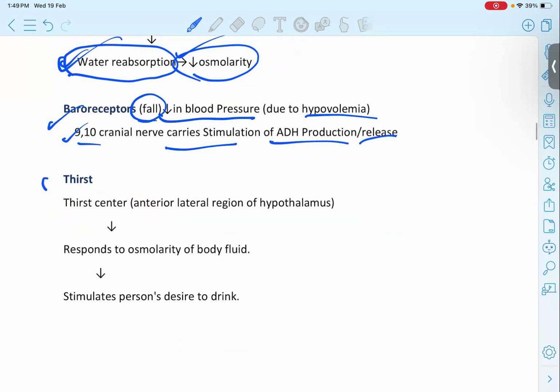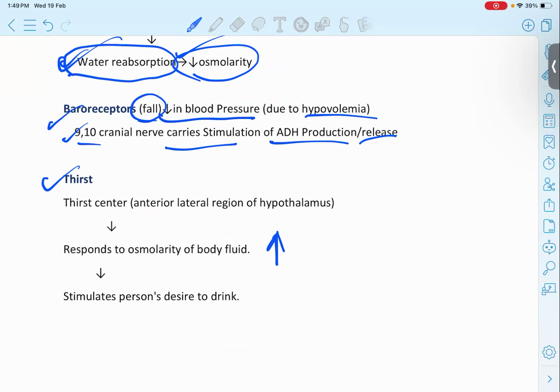Next is the thirst mechanism. We have a thirst center which is present in the anterior lateral region of the hypothalamus, and it responds to the osmolarity of the body fluid. If the osmolarity is increased, that means the body is sensing that we need some water to balance the osmolarity.